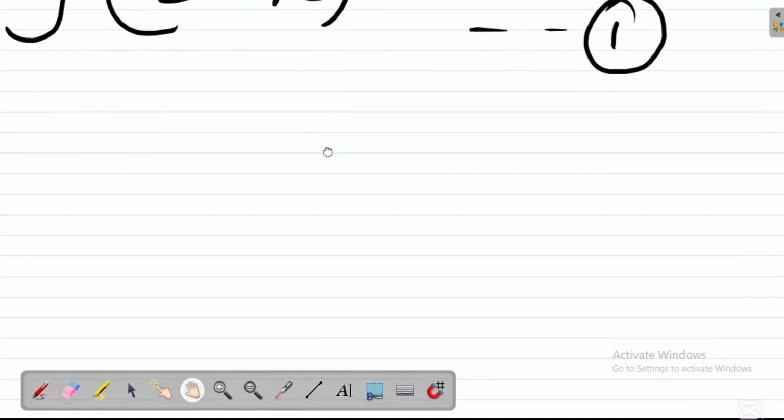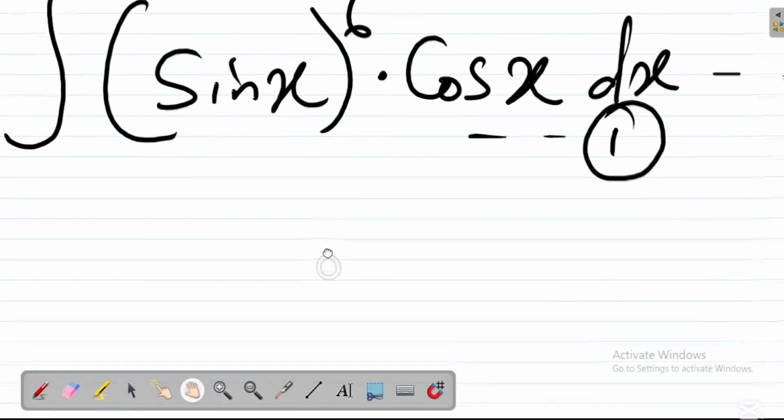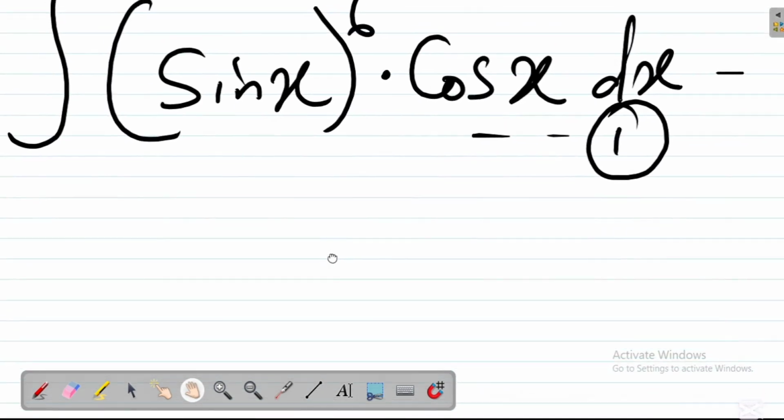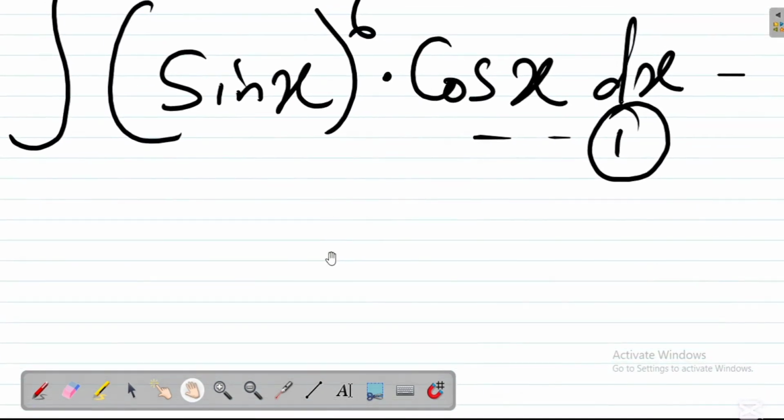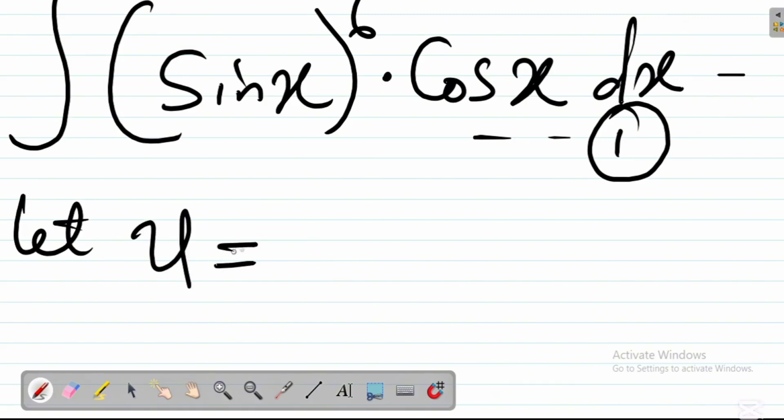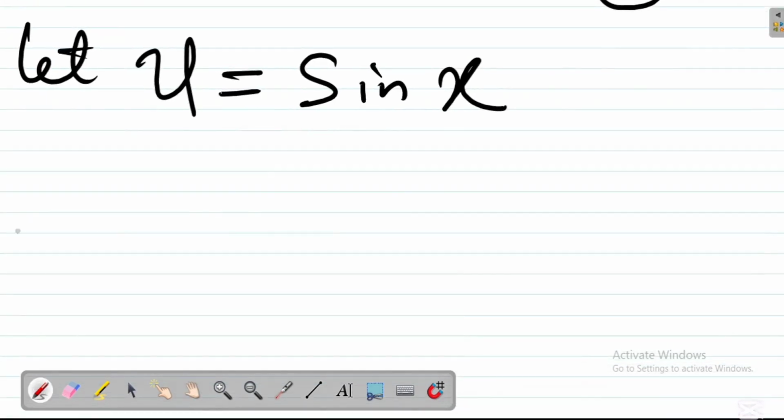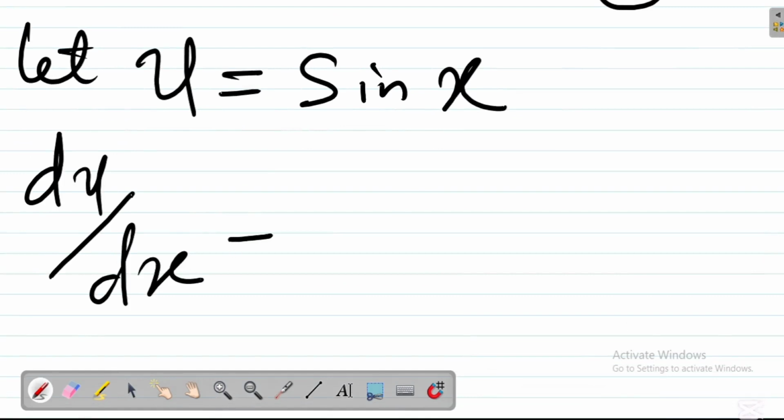Now our next task is to identify u. As I earlier said, u is always the most complex term. So let u be equal to sine x. Therefore, du all over dx equals, if you differentiate u with respect to x, it would give you cos x.